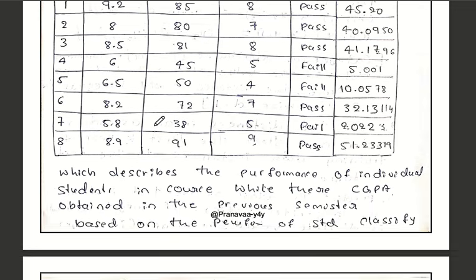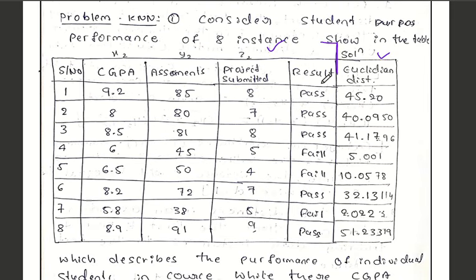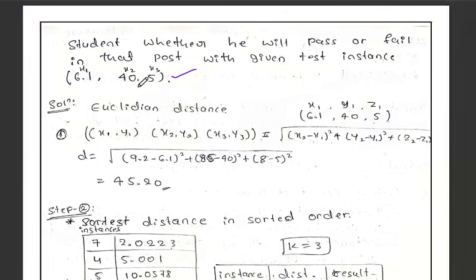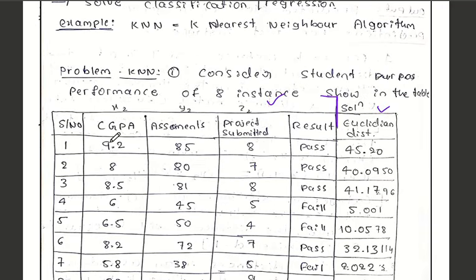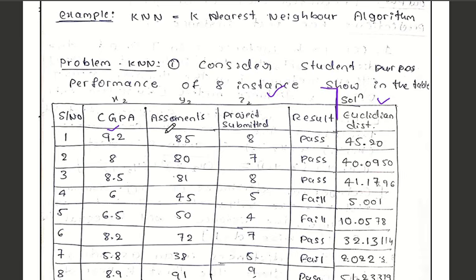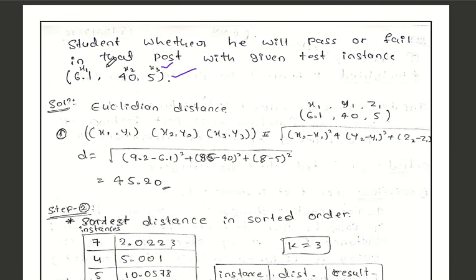First, you need to find out the Euclidean distance with the given test instance. Consider the test instance values as x1, y1 and z1, and in each row the values are x2, y2, z2.